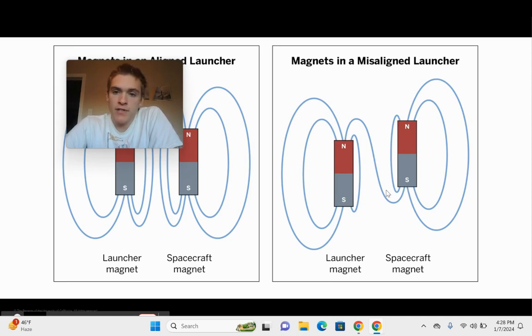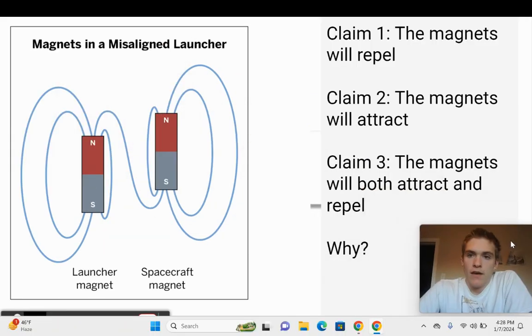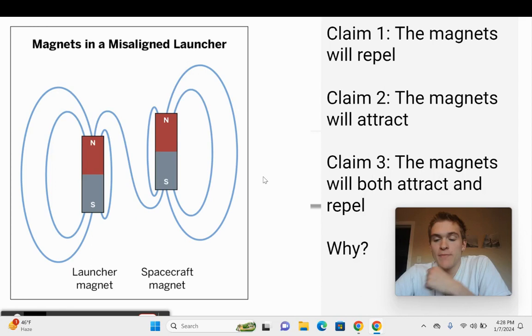Some magnetic field lines do overlap. Let's make a prediction. So when I misalign these magnets, do you think claim 1, claim 2, or claim 3 is true? The magnets will repel, the magnets will attract, or the magnets will both attract and repel.